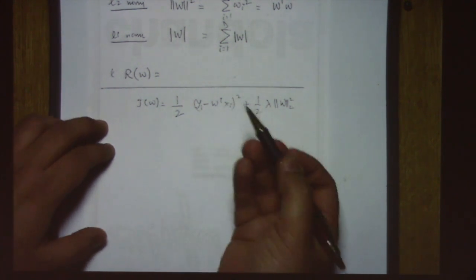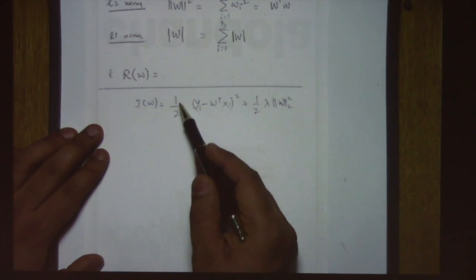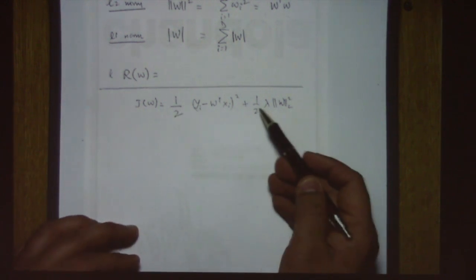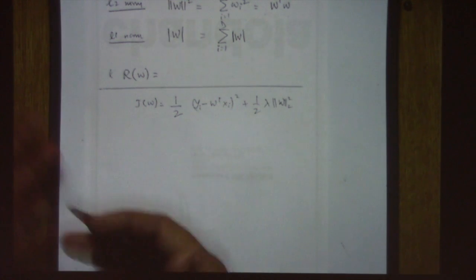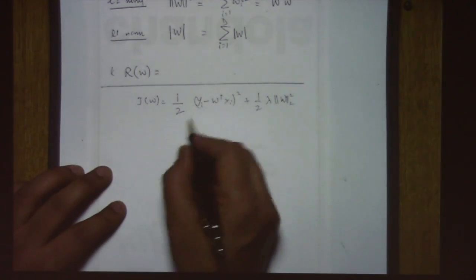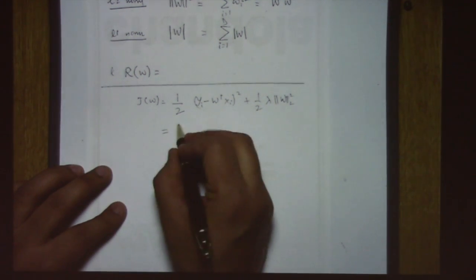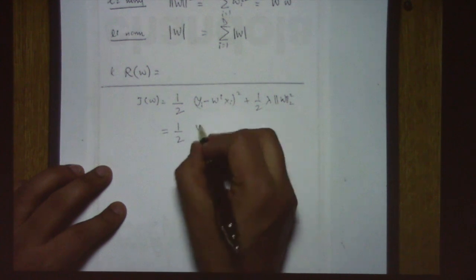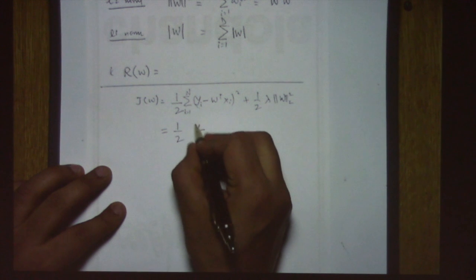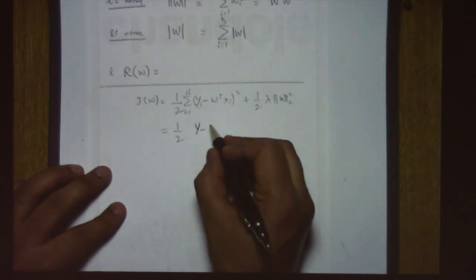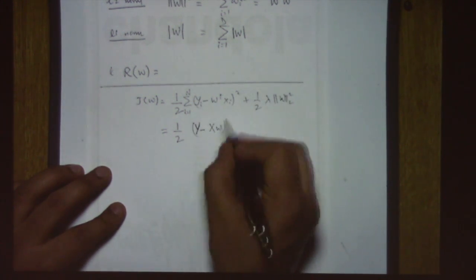This could be anything else as well. Instead of half, I could have put 1 by 3, or here I could have put 1 by 4. Those are just constants. Your answers would change, but the basic concept won't. So let's write it in a matrix way. This is the summation. If y is my vector that contains all of my targets and Xw is the prediction, I can write it like this.